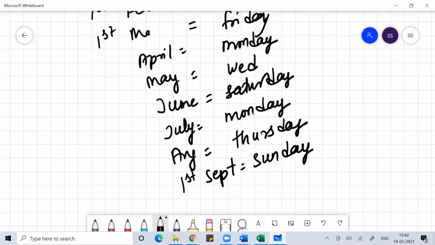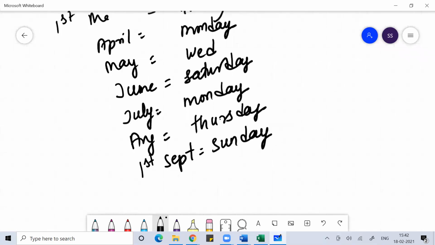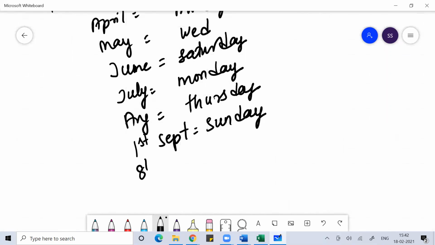So 8th September will also be Sunday. Then 8 plus 7, 15 September is also Sunday. 15 plus 7 means 22. 22 September is also Sunday.